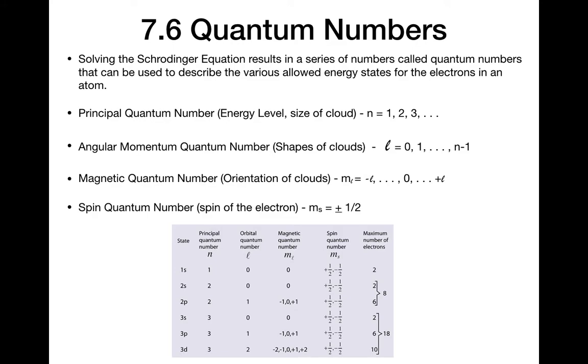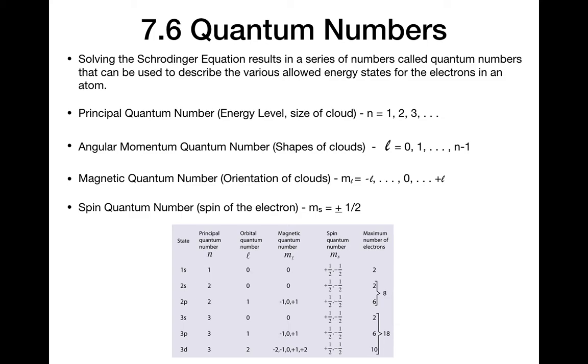N equals 2 is the second energy level, and it is sort of a shell surrounding the first energy level, and so forth, 3, 4, 5, 6, 7. The energy levels simply build like layers of an onion. Ogres have layers and onions have layers, so those energy levels build outward from the middle, 1, 2, 3, 4, 5.